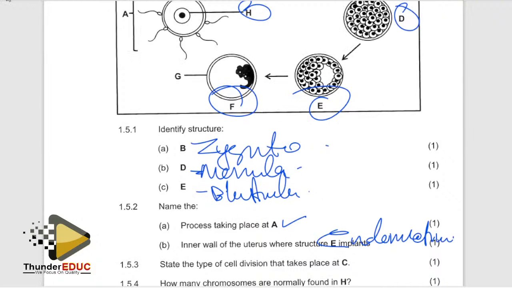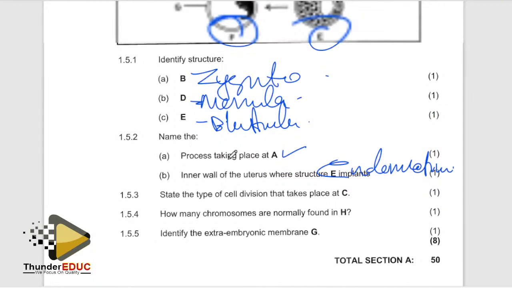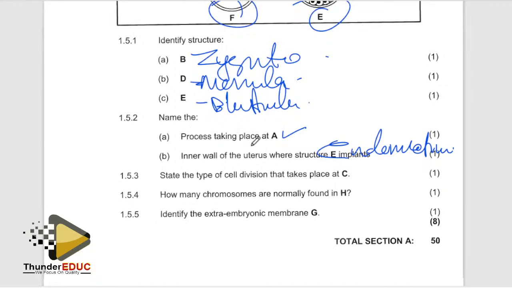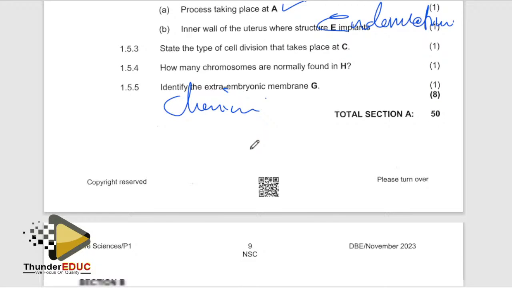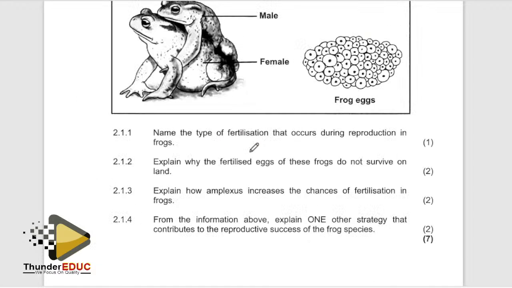It's called chorion, C-H-O-R-I-O-N. Remember, that's the outer membrane which forms chorionic villi, finger-like projections for implantation.